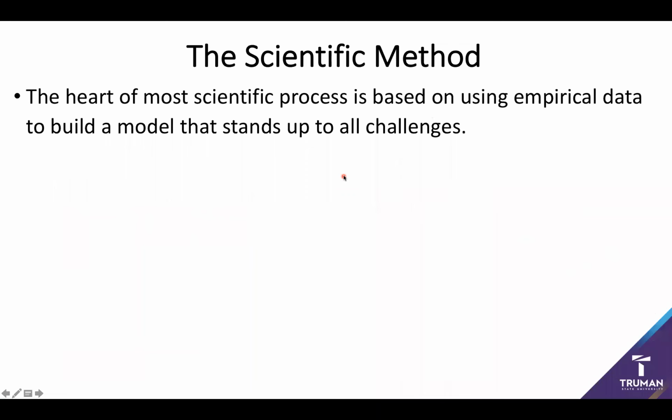So the heart of the scientific process is trying to go from empirical data, which is another way of saying experimental data or measurable data, and trying to build up a set of models or descriptions that stands up to all challenges, that is very robust.